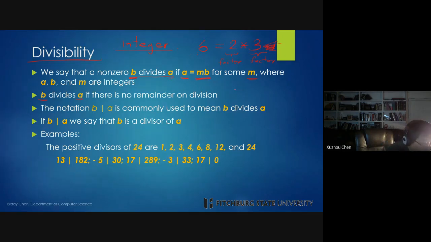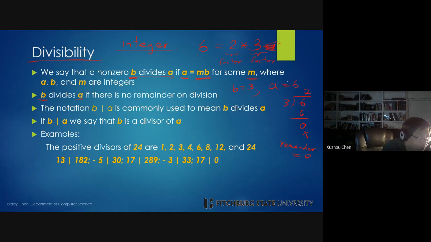For example, b equals 3, if a equals 6, then b divides a. 3 divides 6, because when we divide 6 by 3, the quotient is 2, 2 times 3 is 6, and the remainder is 0. In this case, we say b divides a.